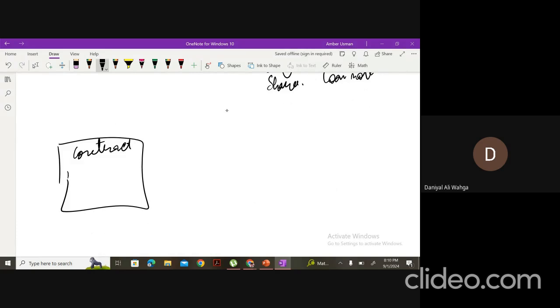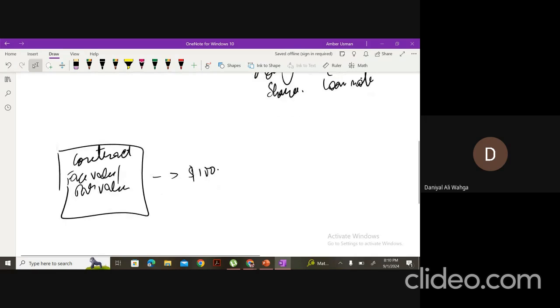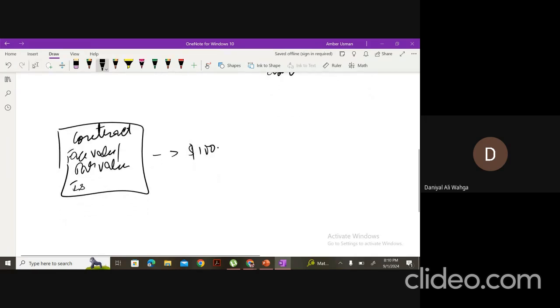Okay, this contract has a face value or a par value. Let's just consider the value is $100 at the moment. So it has an issue date. What is an issue date? If you buy the contract, you are lending the company a certain amount of money, and the company is giving you this contract in return.